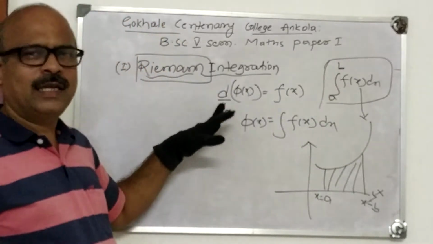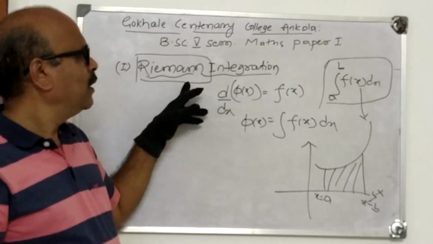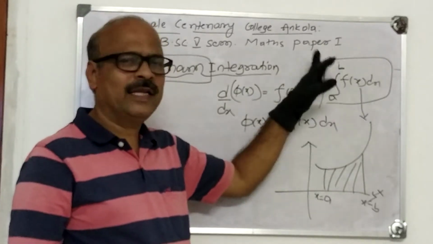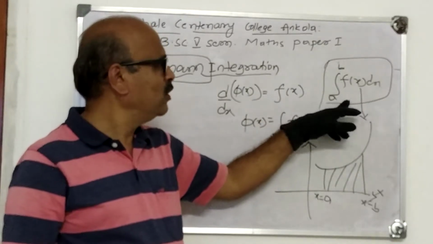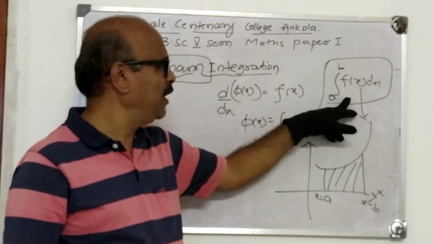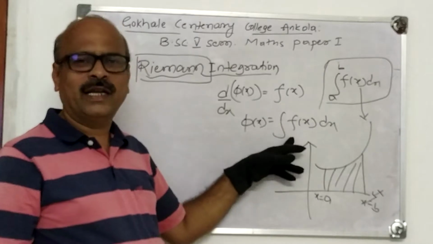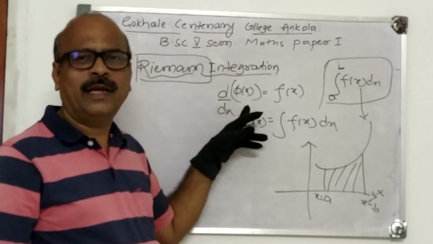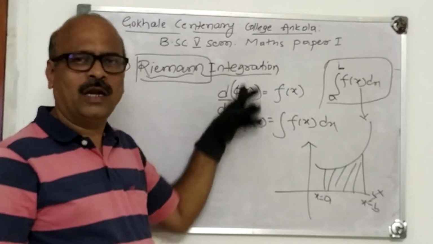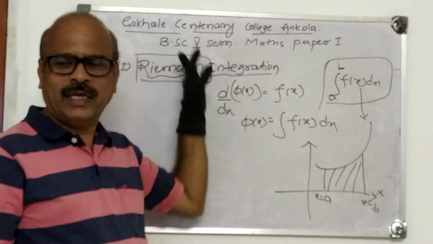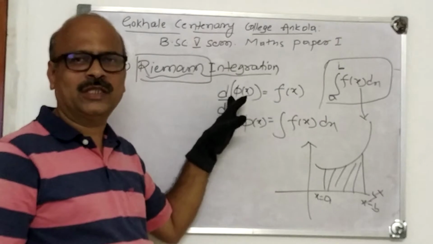What is Riemann integration? Riemann integration means the definite integral is purely treated as arithmetic. Actually the historical order is like this. The definite integral was invented first, then the indefinite integral, then the derivative, differentiation. But now we study in this order: derivative, then integration as inverse process of differentiation.